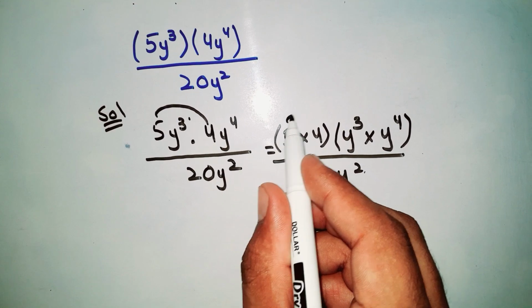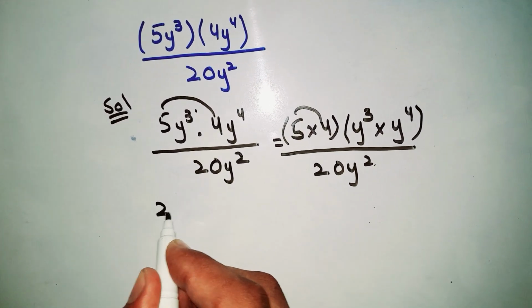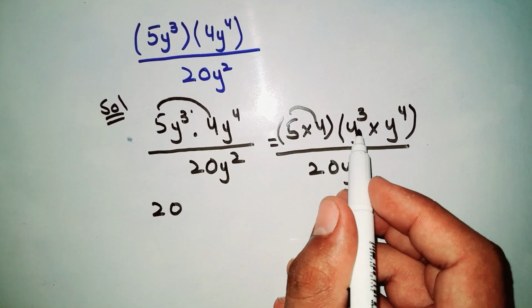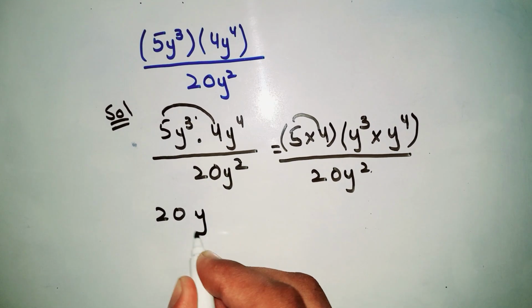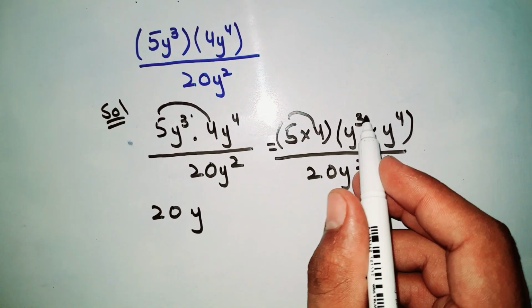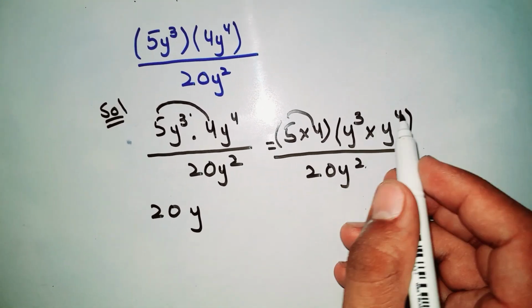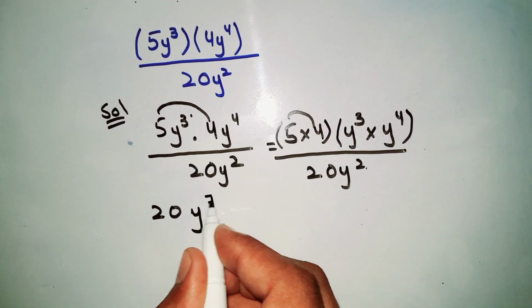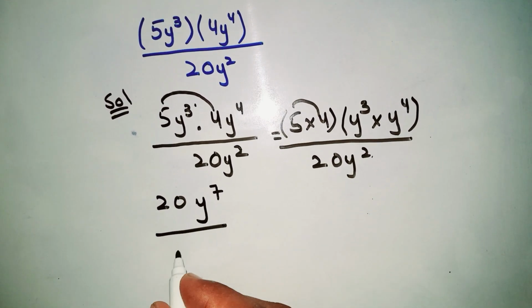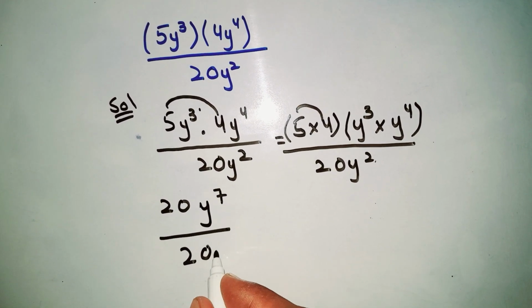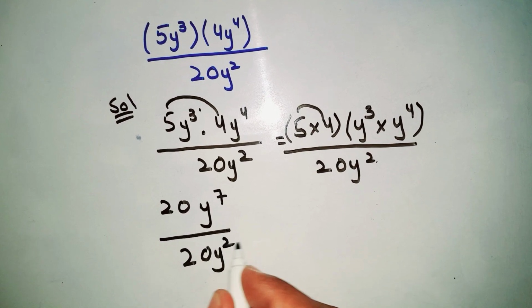So now 5 multiplied by 4 is equal to 20, and for y, when the bases are the same in multiplication, we just add the powers. 3 plus 4 is equal to 7, divided by 20y to the power 2.